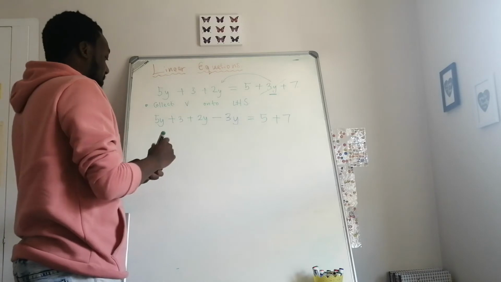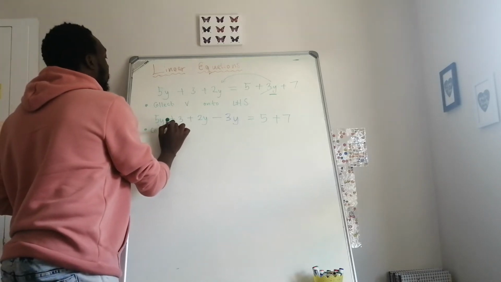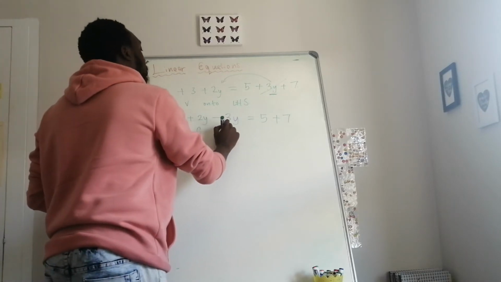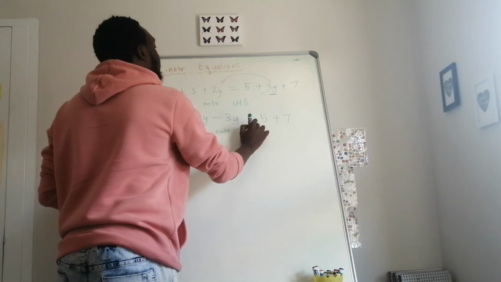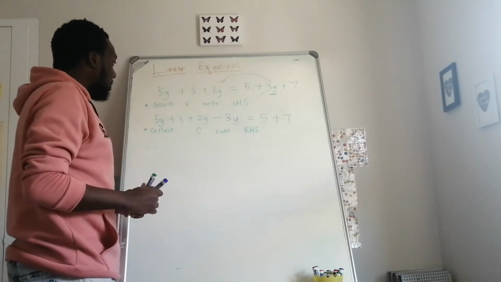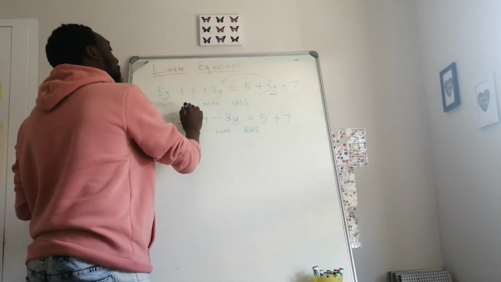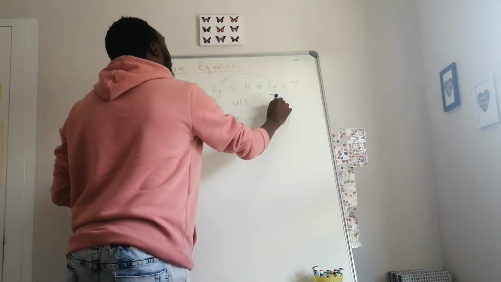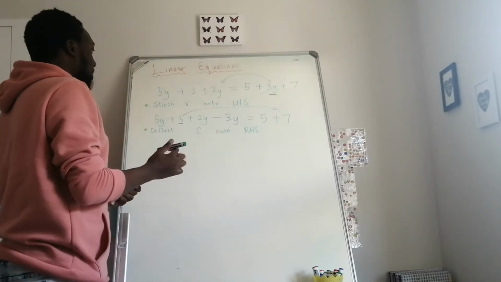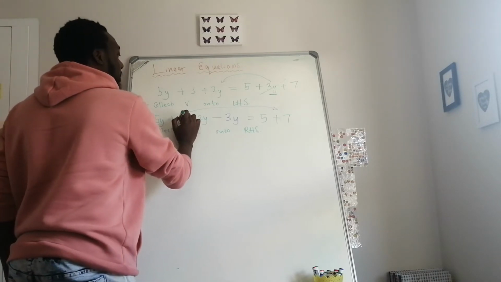there, right? Now my second step is to collect your constants, I'll just write it as c, onto your right hand side. So my constants, I have a 3 here. I want this 3 to go all the way to the right hand side. So what do I have left on my left hand side? The 3 is gone now.